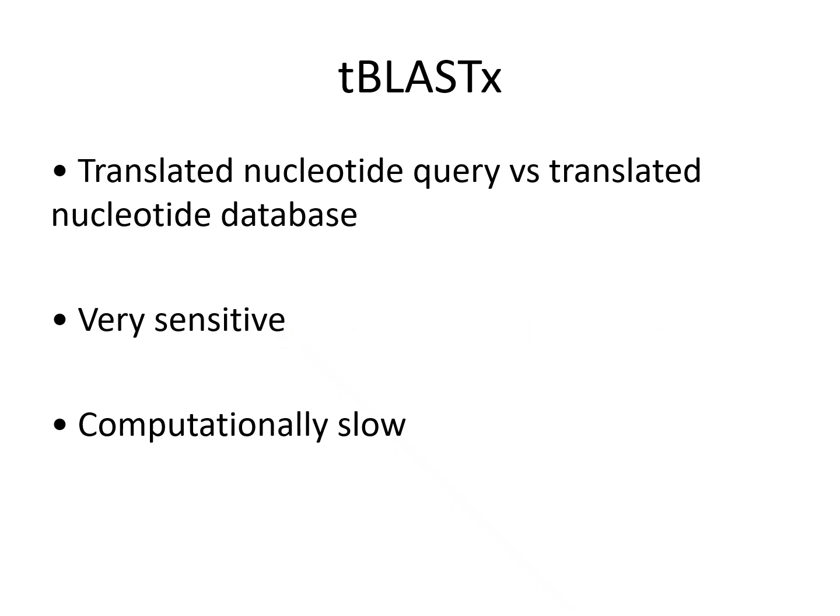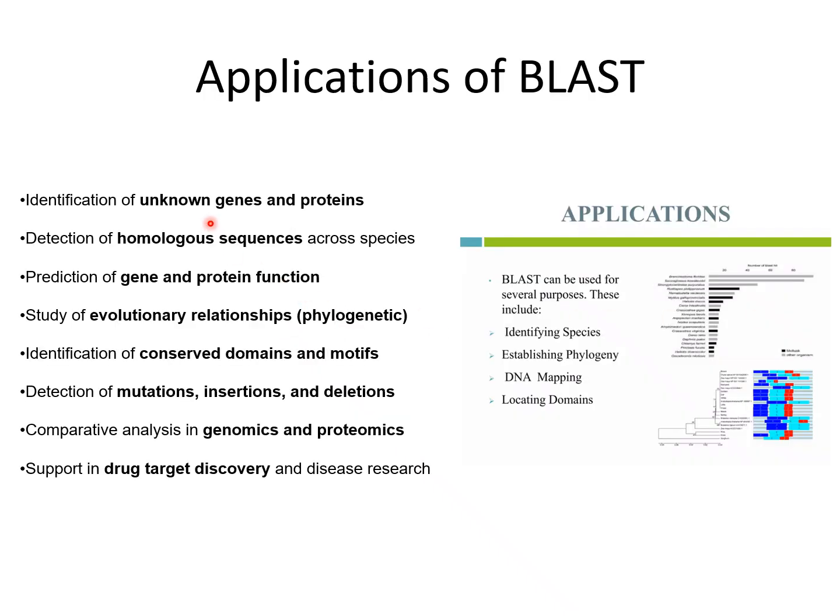So now we will move to the next slide, and here we will discuss the applications of BLAST. First of all, we apply BLAST to identify unknown genes and proteins. Then we can use BLAST to detect homologous sequences across species. We can use BLAST to predict gene or protein function. We can use BLAST to study evolutionary relationships, which is also called phylogenetic tree analysis.